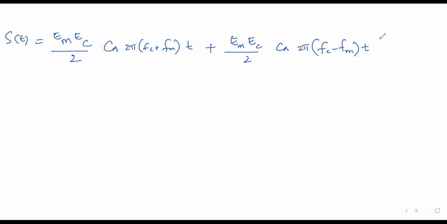And these are the two sidebands. So this is the expression for double sideband suppressed carrier, wherein only the two sidebands are present.